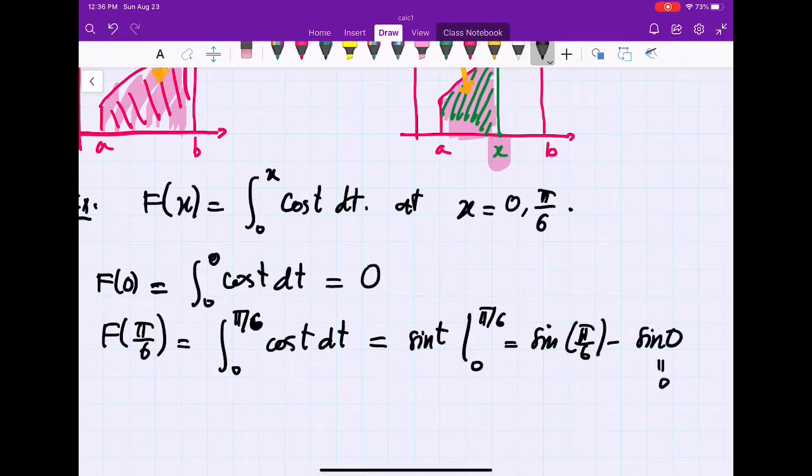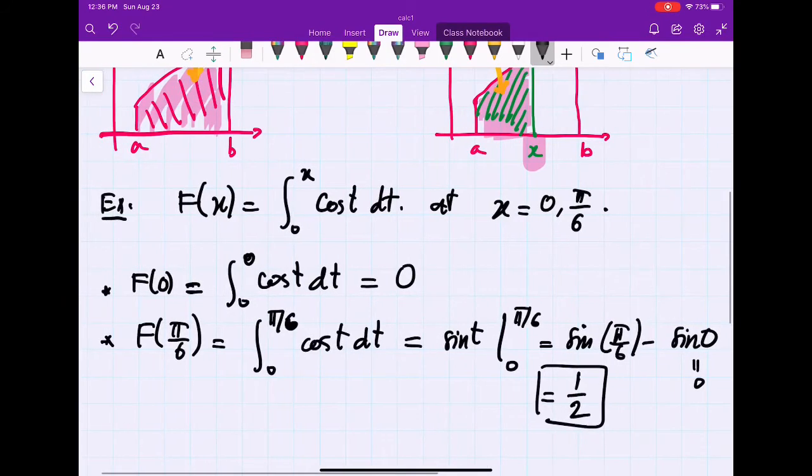Sine 0 is 0. Sine pi over 6 is 1 over 2. So the function value at pi over 6 is 1 over 2. So basically, if they give you a number, you just plug the number into the formula of this function, and you evaluate that integral, you get what you need.